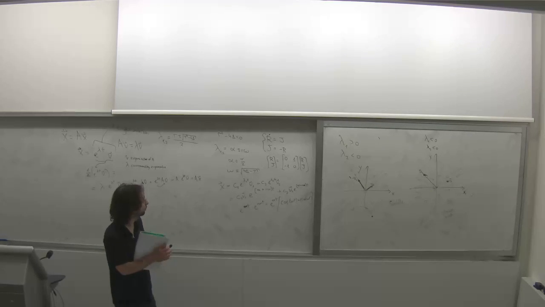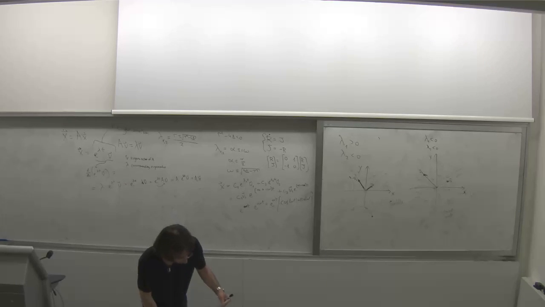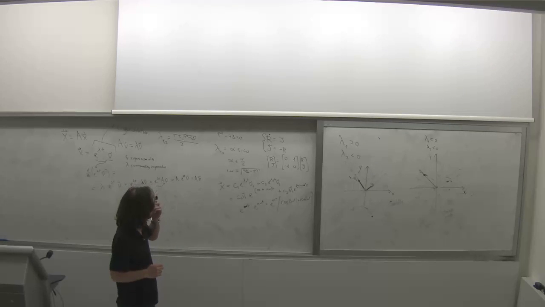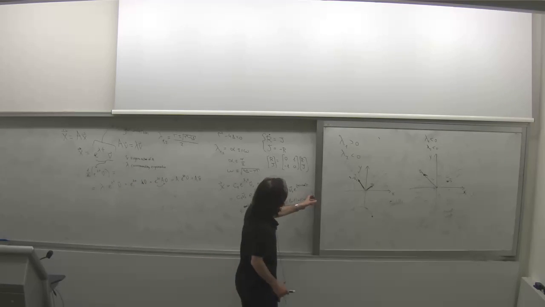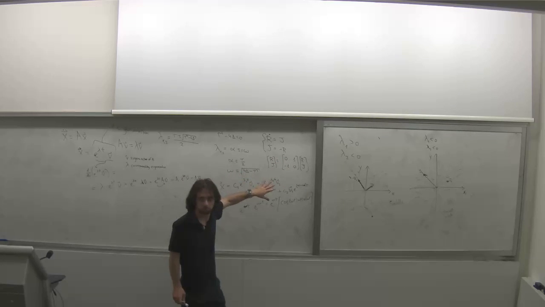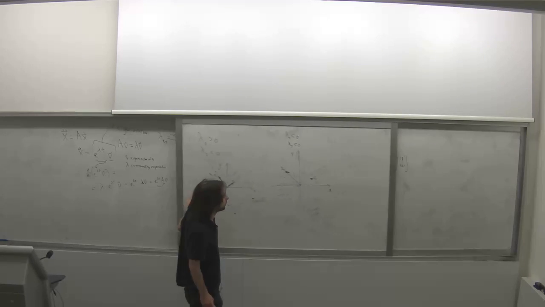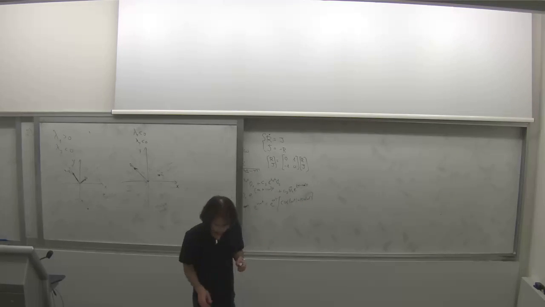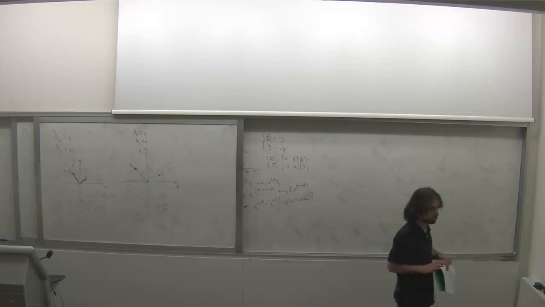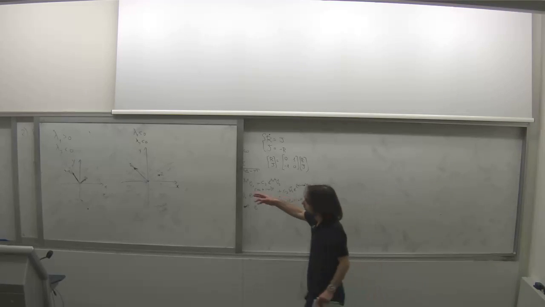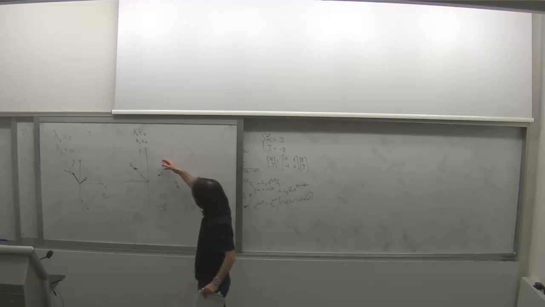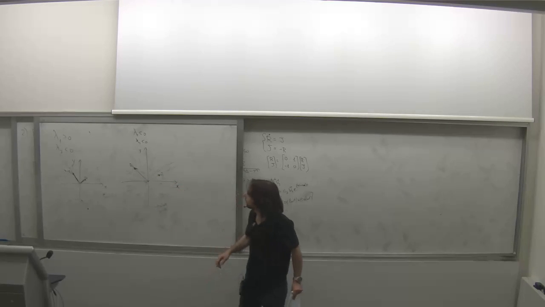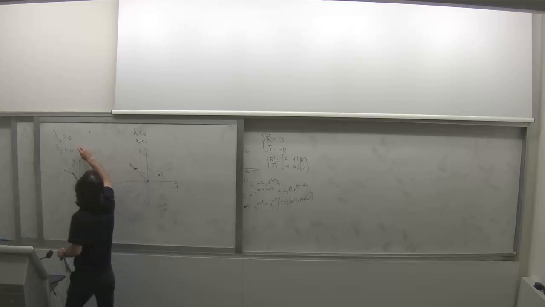Okay, we don't have much time left, but I will start the kind of summary of these things. We saw in the examples that I showed you of the saddle and the node, which could be a star or it could be stable or unstable, that the behavior depends on the eigenvalues.